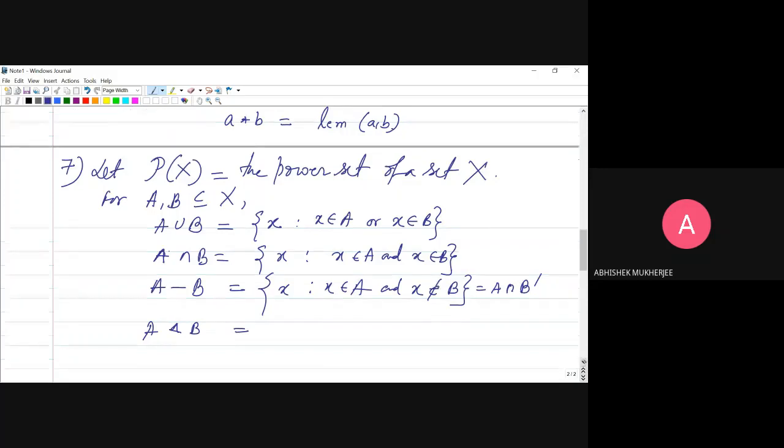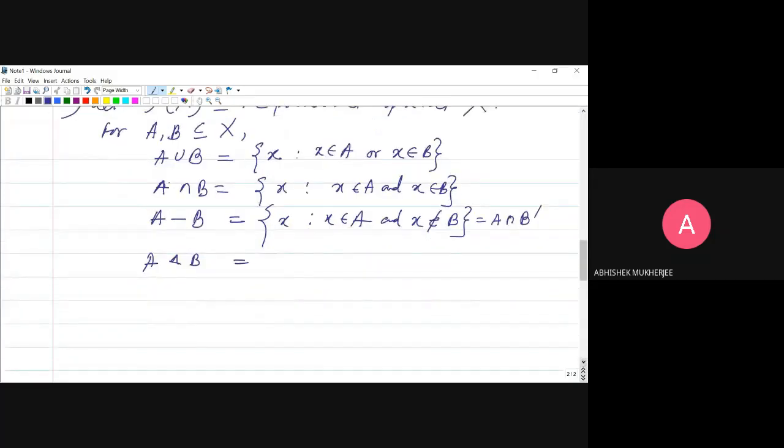So what is the symmetric difference of A and B? You take A minus B union B minus A. So for any two sets A and B, you can define 4 binary operations on the power set of the given set X. So these are all binary operations.